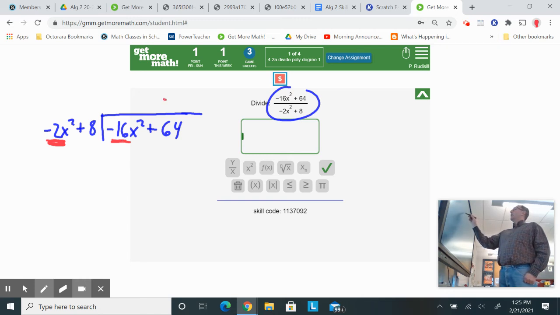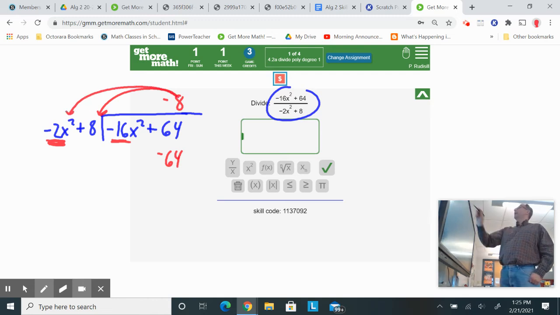So I'm going to put a -8 here. And I'm going to multiply -8 times 8 is -64. -8 times -2. And I realize I don't want a -8. I wanted a positive 8.